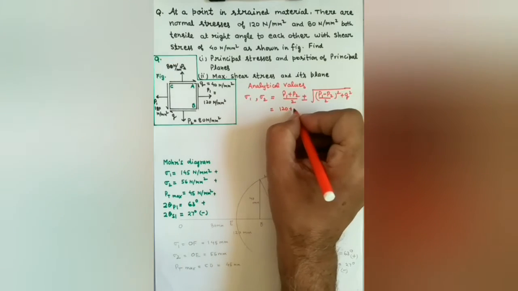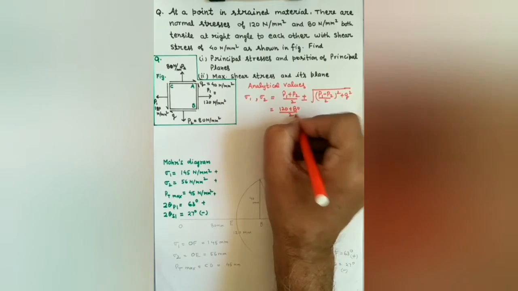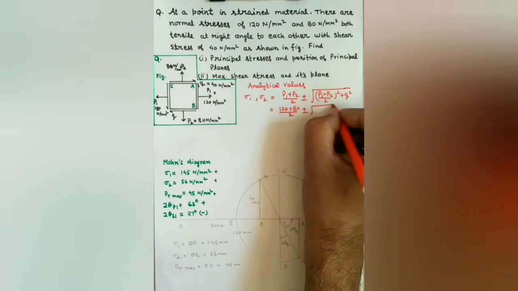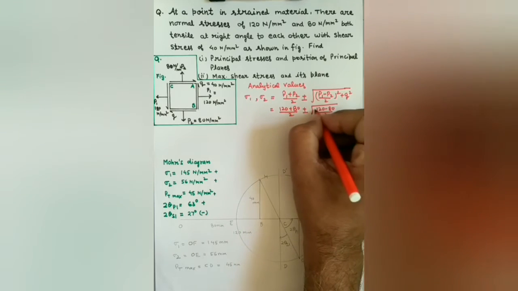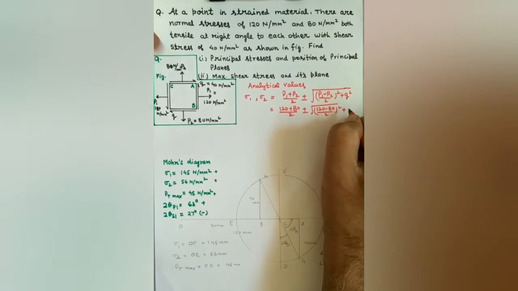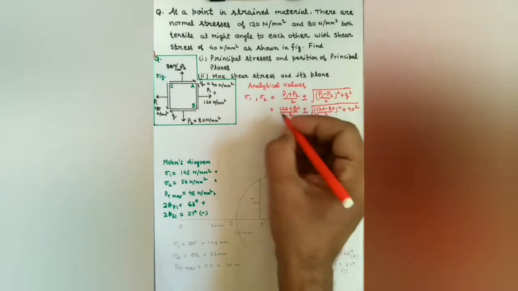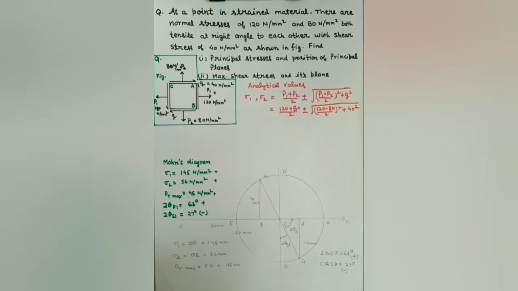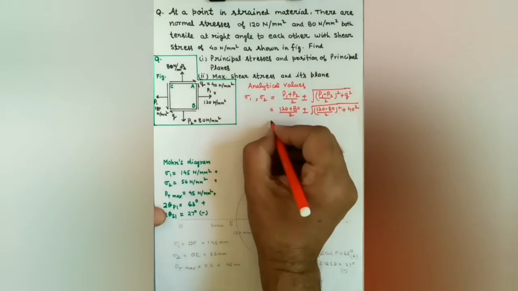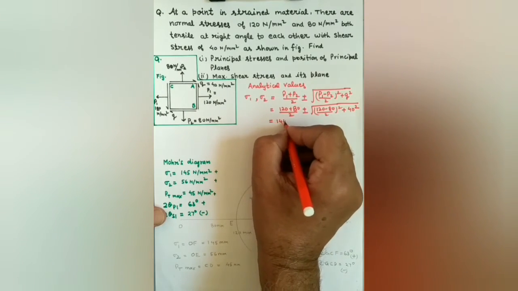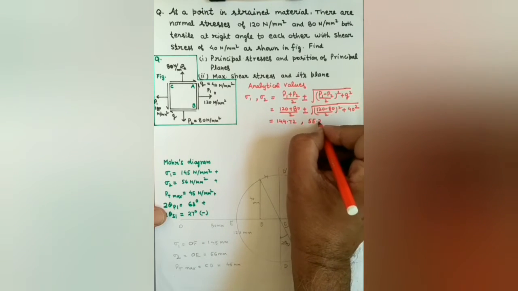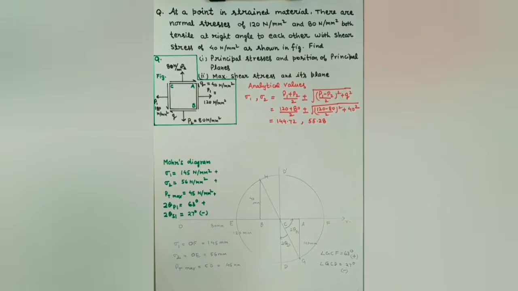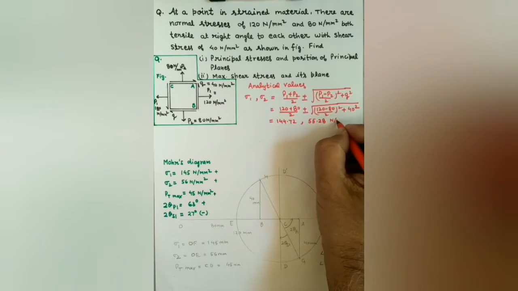So putting values, we have P1 120 plus P2 80 by 2 plus minus under root 120 minus 80 by 2 whole square plus 40 square. So on simplification, it gives the values of sigma 1 and sigma 2 equal to 144.72 and 55.28 Newton per mm square.